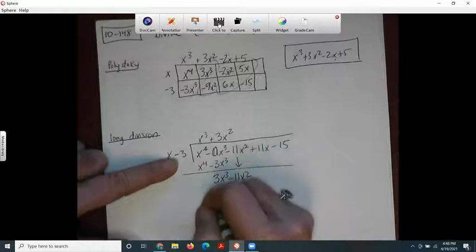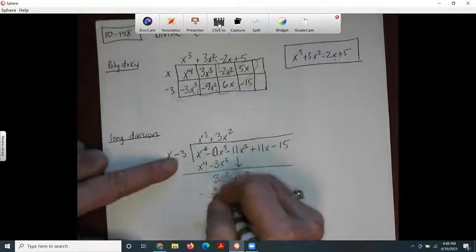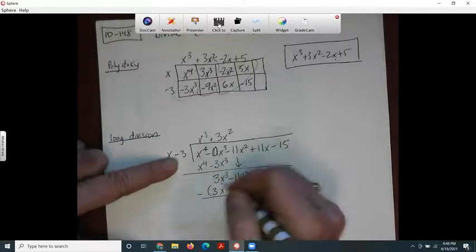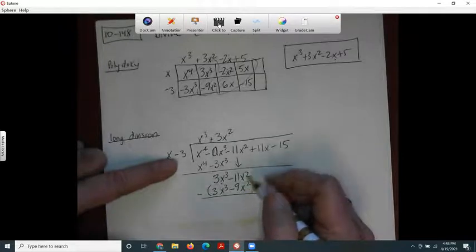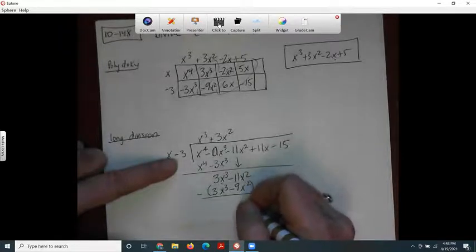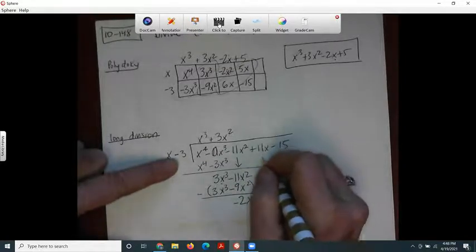Subtract, I'll just show that I'm subtracting. It's easier that way. So 11x squared minus negative 9x squared gives me, is it negative 2x squared? I haven't done it this way in a long time.